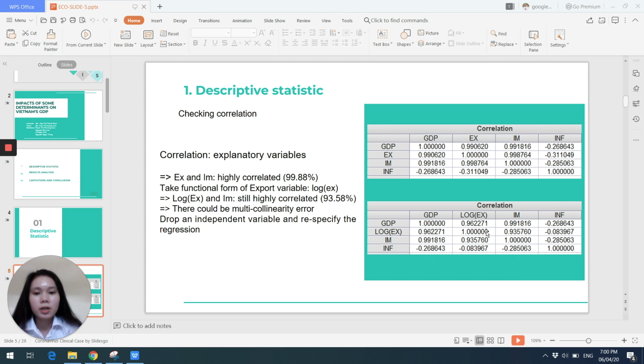First of all, using EViews, we obtain the correlation matrix. We can see that export and import are strongly correlated, which suggests there could be a multicollinearity error. So we drop an independent variable.